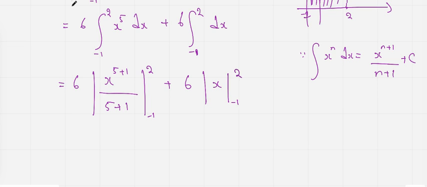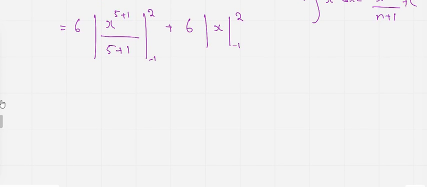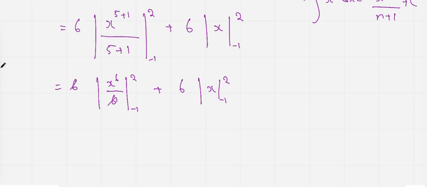Okay, so that's it. It's going to be something like that, and this 6 and this 6 will get cancelled. Now I'm just writing my limits as they are. In the next step I will apply my formula, which was f of b minus f of a.